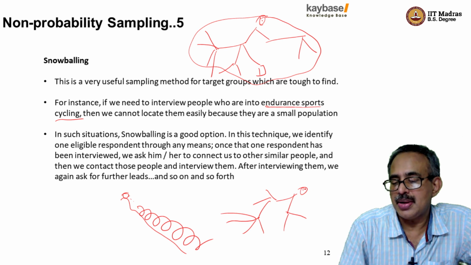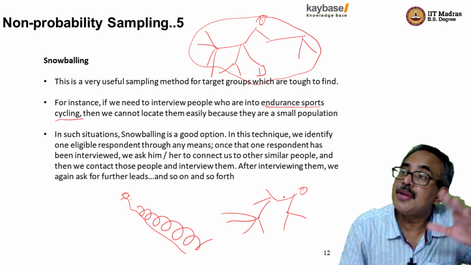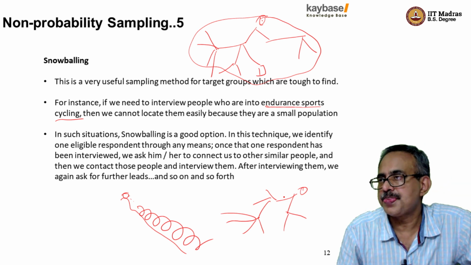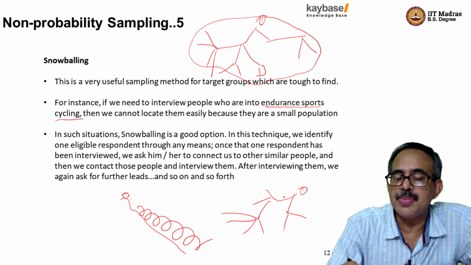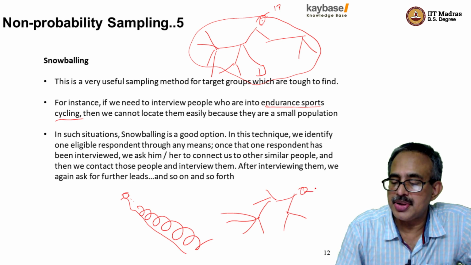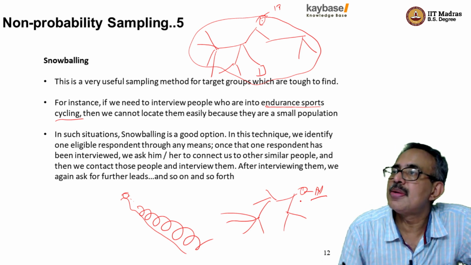But if you start with another person, her set of friends may, again only may, not will, may have a different set of viewpoints. Just for example, let's say this first person works in the IT industry. This other person works in the advertising industry. The timings are different. The work cultures are different. Therefore, the circle may be different.